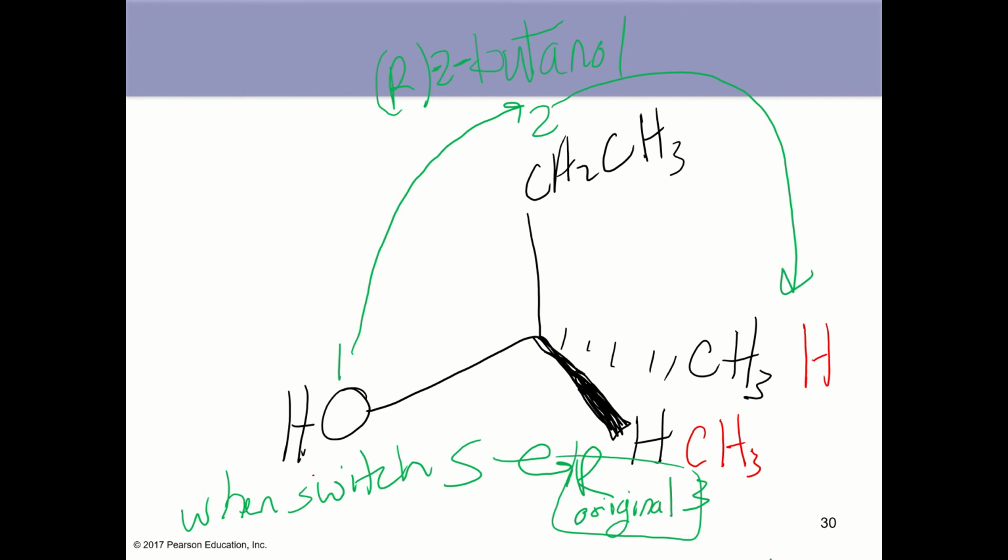Instead, I write what I am interchanging in another color ink next to it, and then I label the priority groups using the colored atoms and determine the direction, whether it's R or S. Because I have those red atoms there, it reminds me that what I find, R or S, has to be switched to the opposite when I name the original molecule.